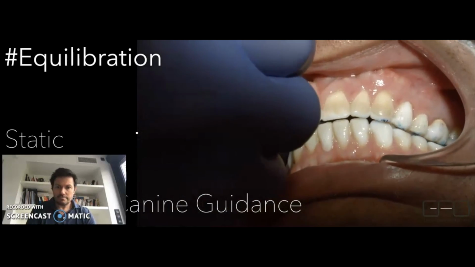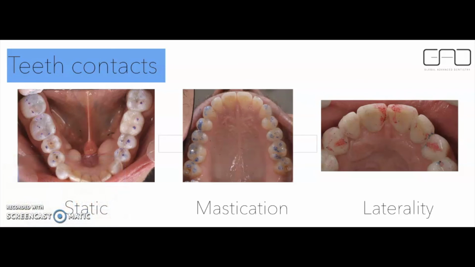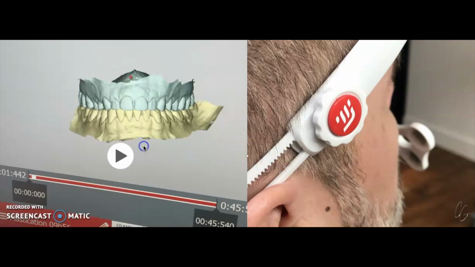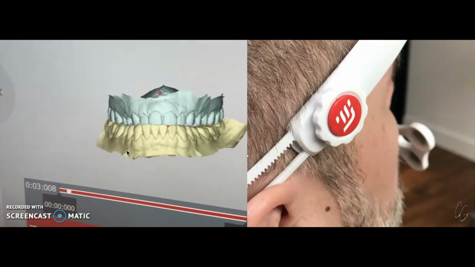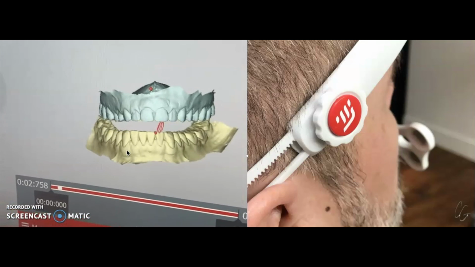So again, we equilibrate in static, mastication, laterality, so it's validated, and we validated the aesthetic part with a video and a picture of the face. And for 2 months, the patient stay like this, and we just record some mastication, and we equilibrate the patient perfectly with the mojo.